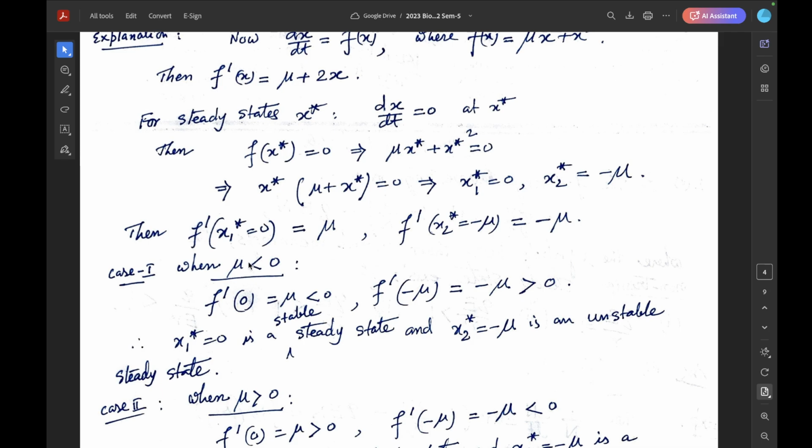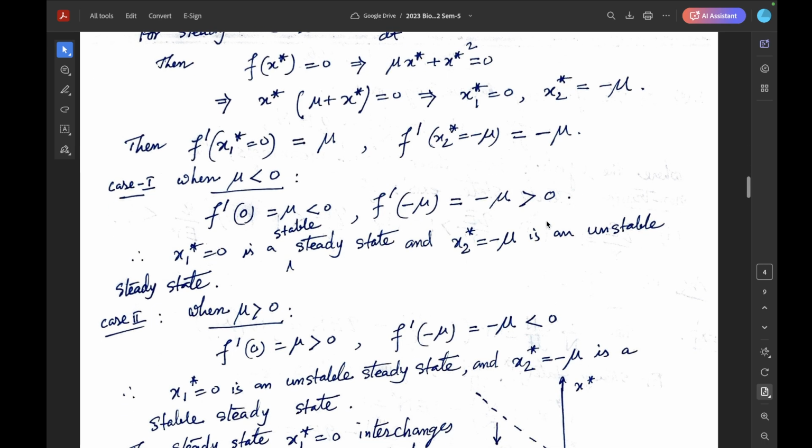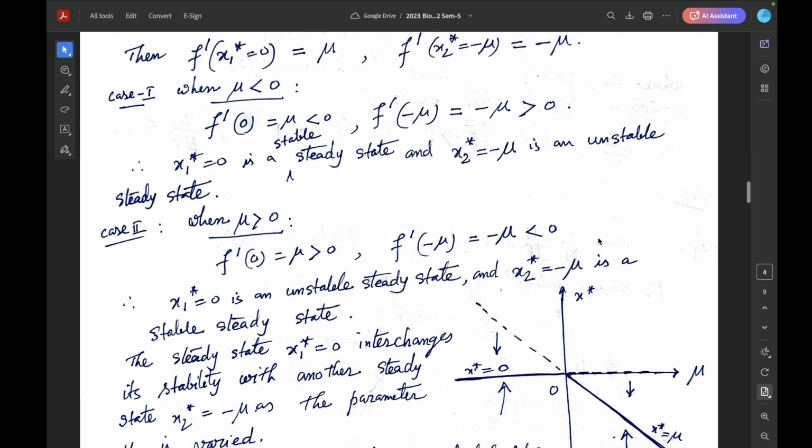When mu is less than 0, f dash 0 equals mu is less than 0, so the trivial steady state is stable, and f dash at minus mu equals minus mu greater than 0, unstable. So x1 star is stable and x2 star equals minus mu is unstable.